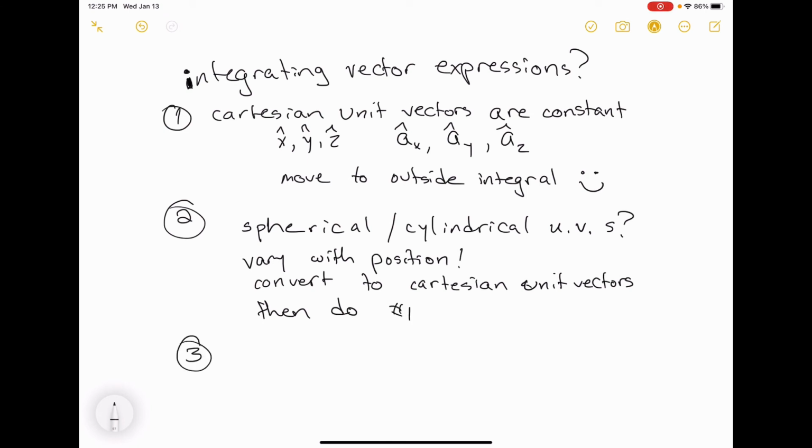The third trick, and this one is my favorite. In general, if you can do this, you should always do it, and really you should always do it first. The third trick for evaluating an integral with vector quantities in it is to eliminate components that cancel due to symmetry.